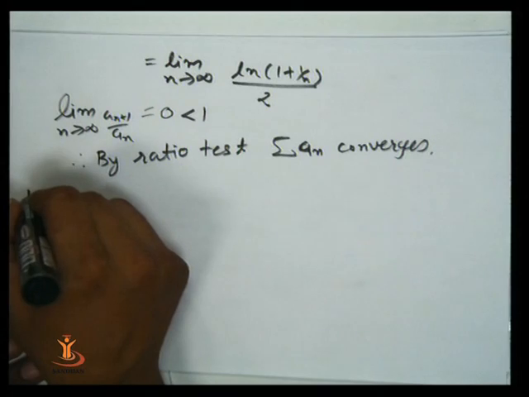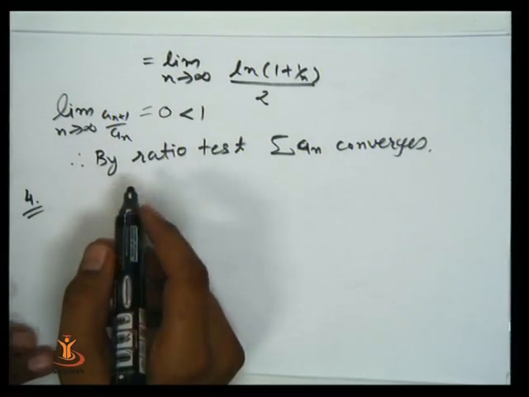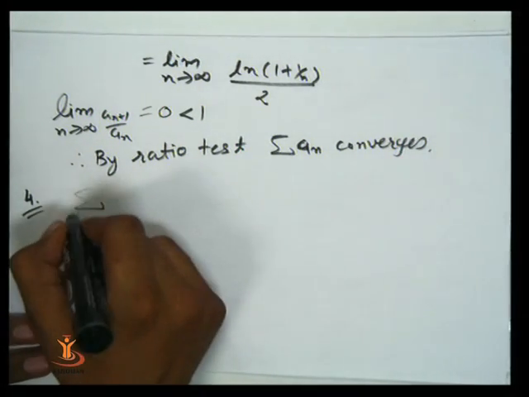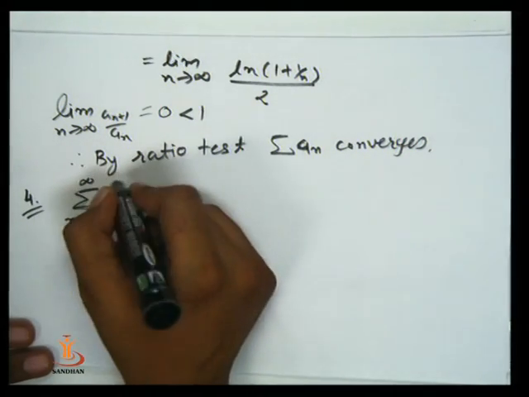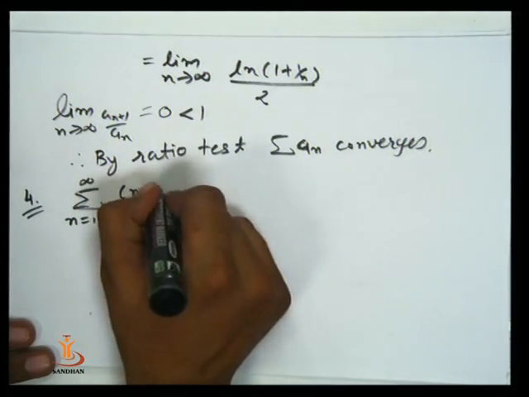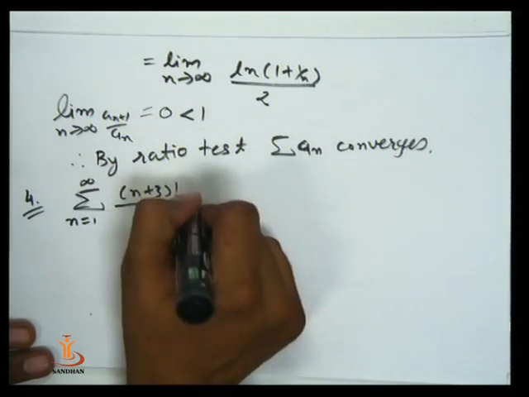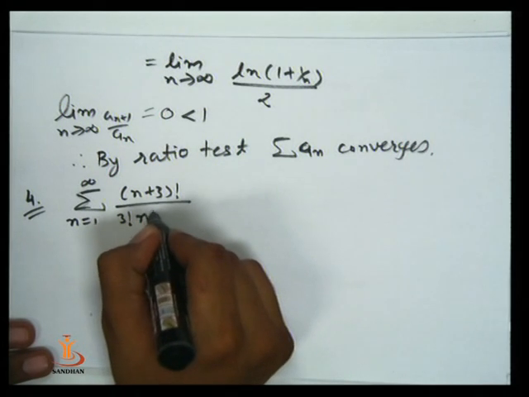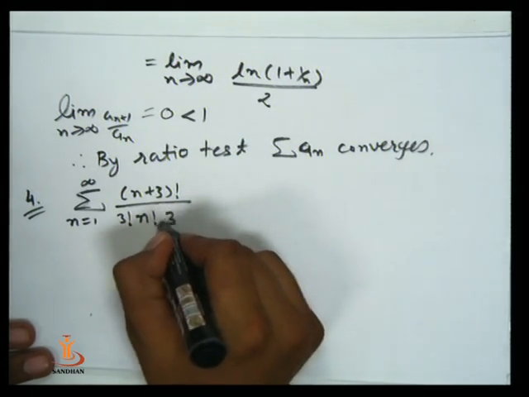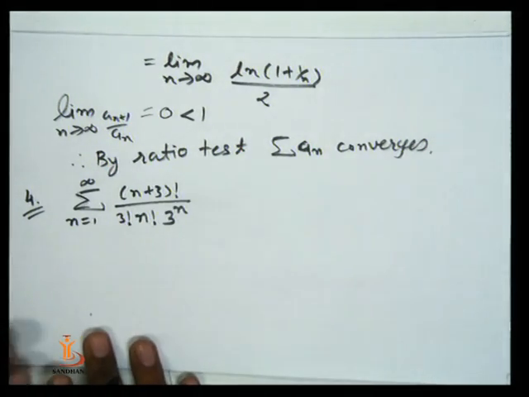Now let us take the fourth example, that is the summation from n equals 1 to infinity of (n plus 3) factorial divided by 3 factorial n factorial 3 raised to n.